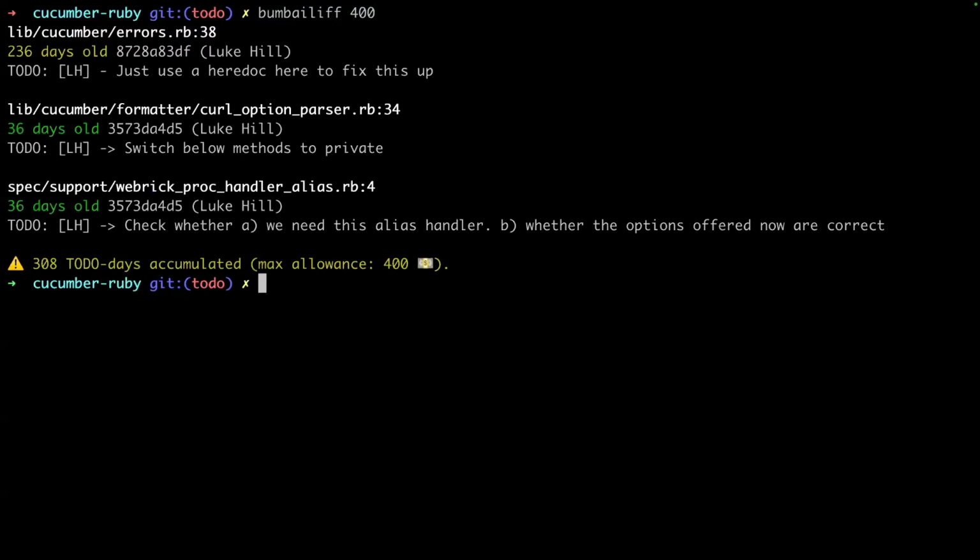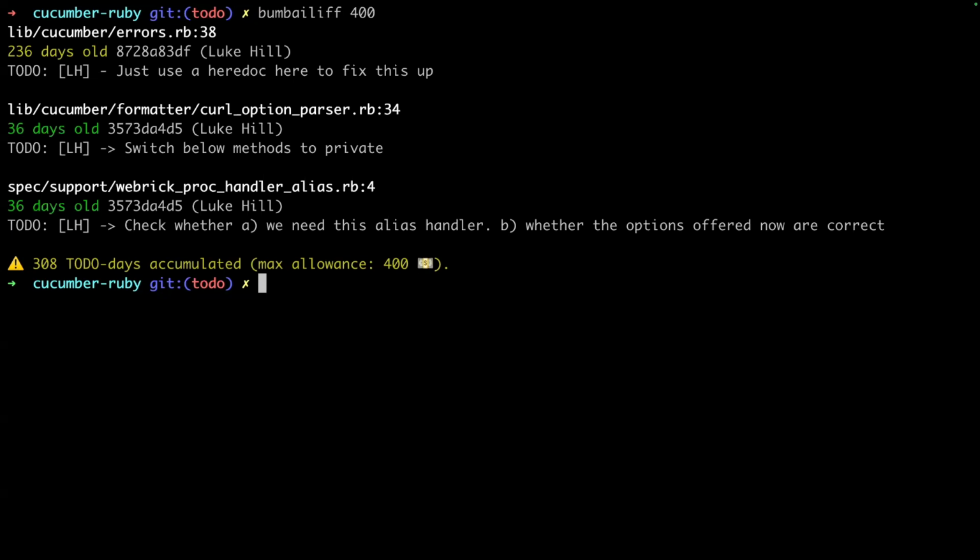You give the bumbailiff a number, and the number is the total number of to-do days that you will tolerate. Okay, so it's now going to go around and find all of the to-dos in the code base, and it's going to age them, and then work out the cumulative age of all of the to-dos in your code base.